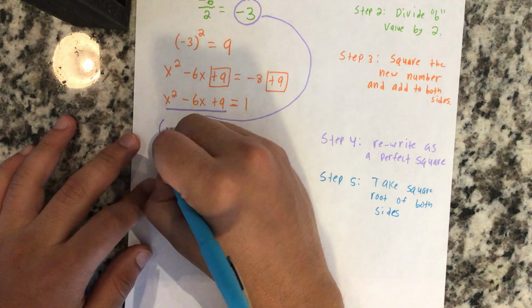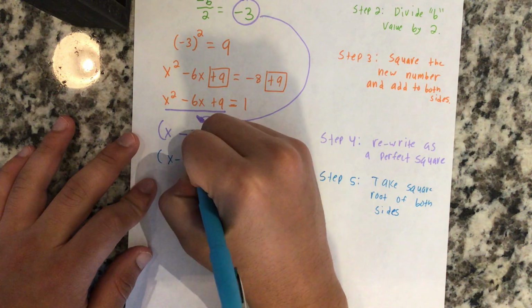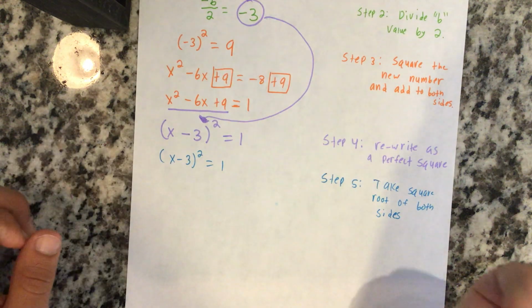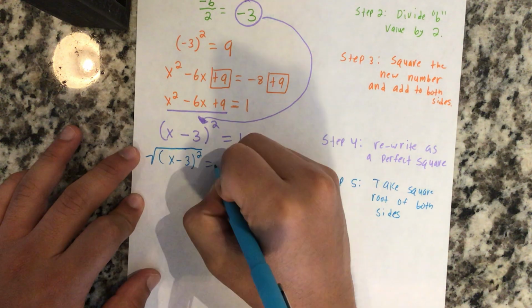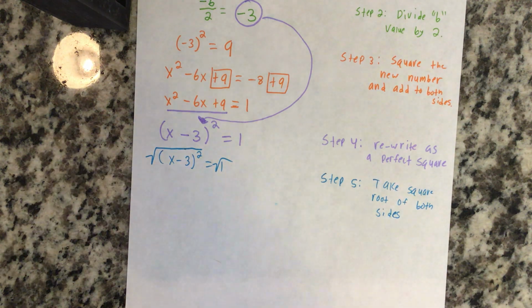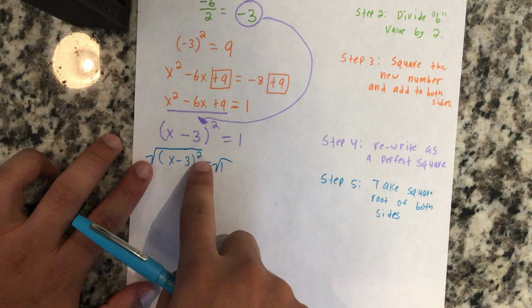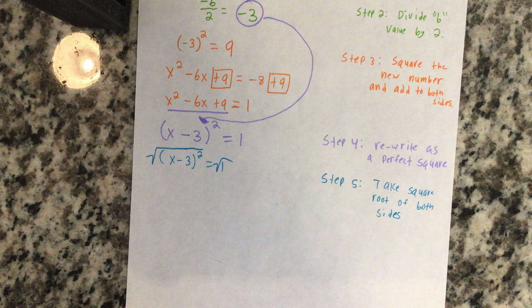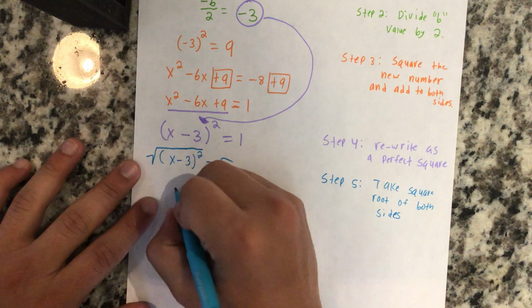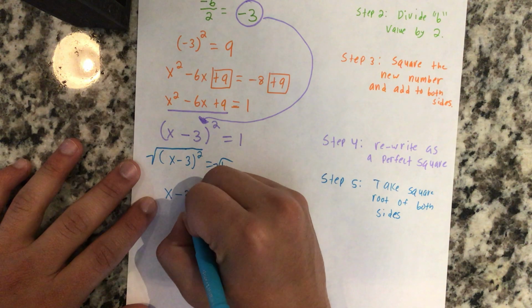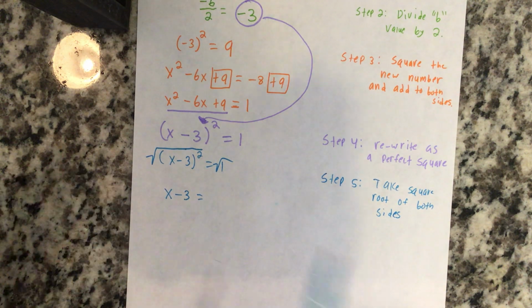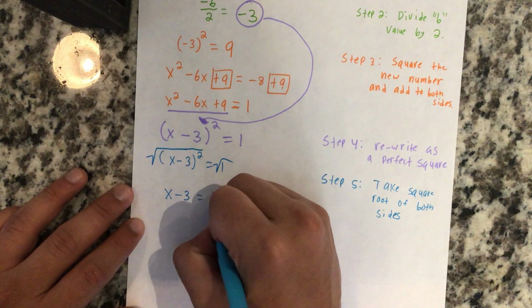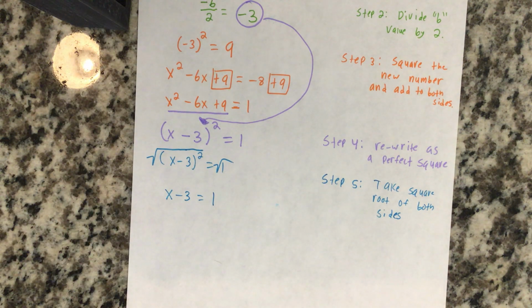So let's say I have x minus 3 squared equals 1, right? So I'm gonna take the square root of both sides. So when I square root something that's squared, they cancel each other out. So all I have is, on the left side, x minus 3, okay? And on the right side, the square root of 1, you could put that in your calculator, it's just 1, okay?